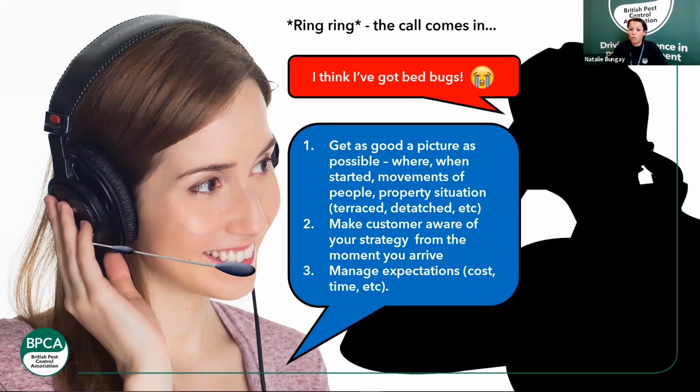It's really, really important for you, but also important for your customer, because you need to make them aware of your strategy and manage their expectations in terms of how long it's going to take you and what the cost could be. I haven't got the answer to what that is. I'm sure a lot of you haven't got the answer to what a bed bug treatment costs, really.